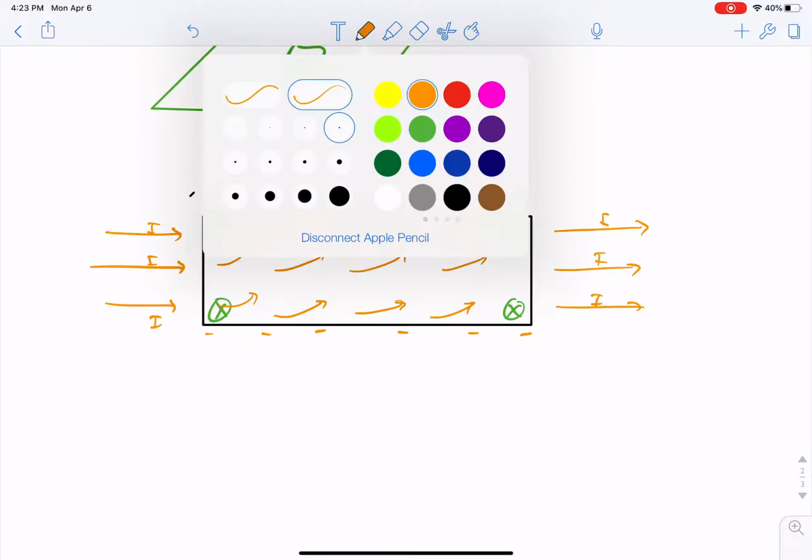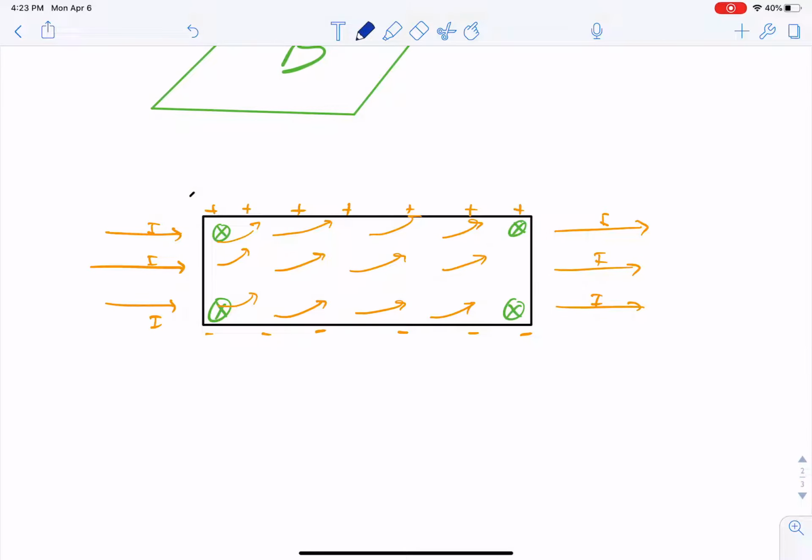Now, what happens then is if there's that built up charge, it will create an electric field like this. Of course, that electric field would dampen out these curves. It would cause them not to curve so much.